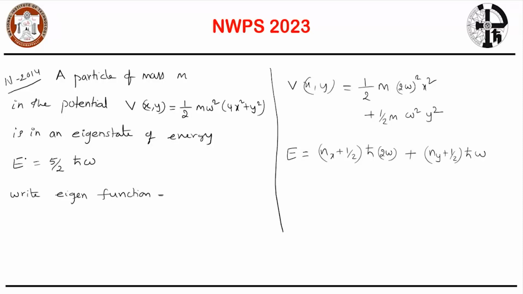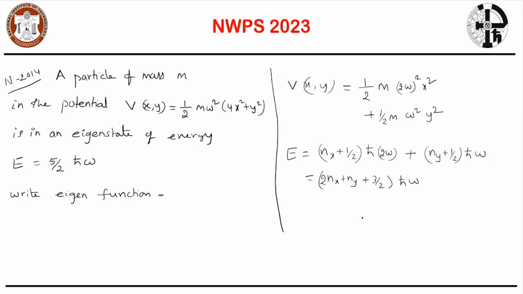And what else is given here? Total energy of this system is 5/2 ħω. So for what values of nx and ny can energy become 5/2? First, let's see carefully. I can take ħω out and write it this way: (2nx + ny + 3/2).